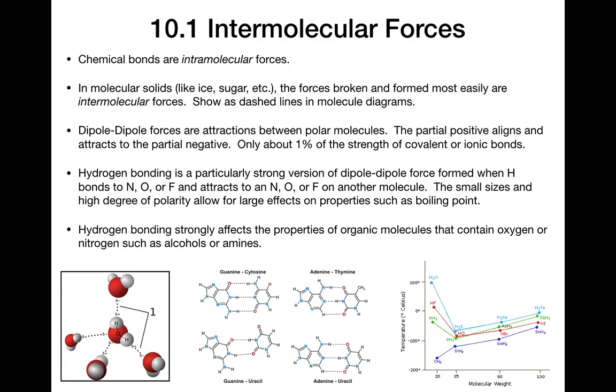Hydrogen bonding is very important if you study organic molecules, things like alcohols and amines and hydroxyl groups. Actually, hydroxyl would be alcohols. I meant to say carboxyl groups like carboxylic acids. These are all things that can have hydrogen bonds.